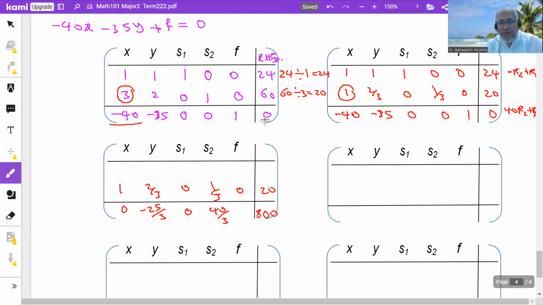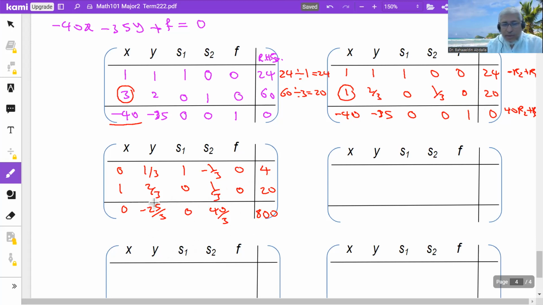And negative 1 plus 1 is 0. Negative 2 over 3 plus 1 is 1 over 3. Negative 0 plus 1. Negative 1 over 3 plus 0. Negative 0 plus 0. Negative 20 plus 24.